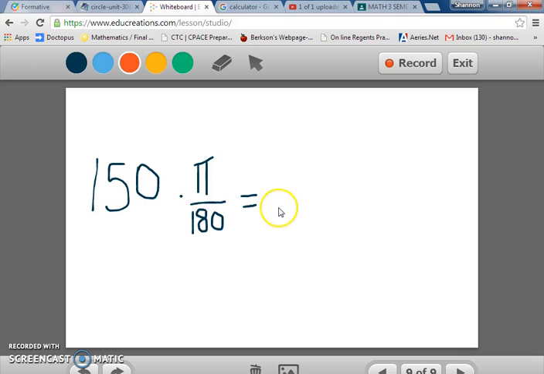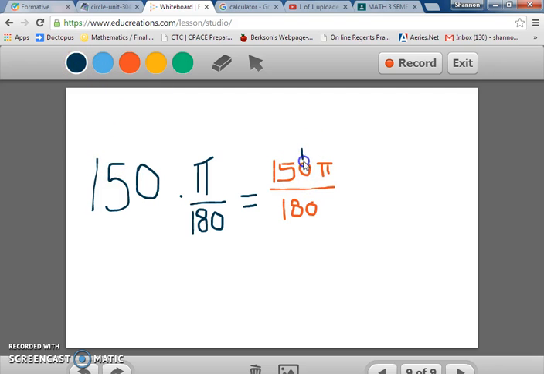150 times pi over 180 is going to give us 150 pi over 180, which is a correct answer, but it's not in its lowest terms, so we're not familiar with what radian that's referring to. We need to reduce 150 over 180.